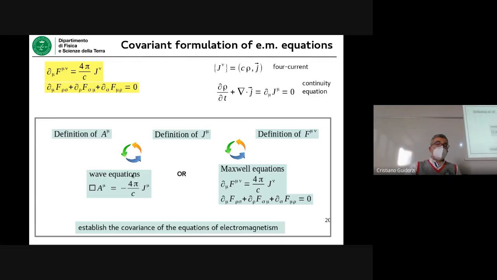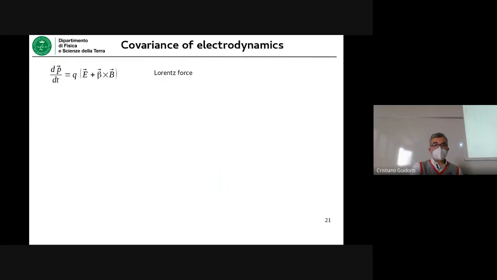So either this way or this way, the result is equivalent: you derive the electromagnetic fields in a fully covariant way. And once you know them in one reference frame, you know how to transform to the other one, which is exactly what we did in one single example.